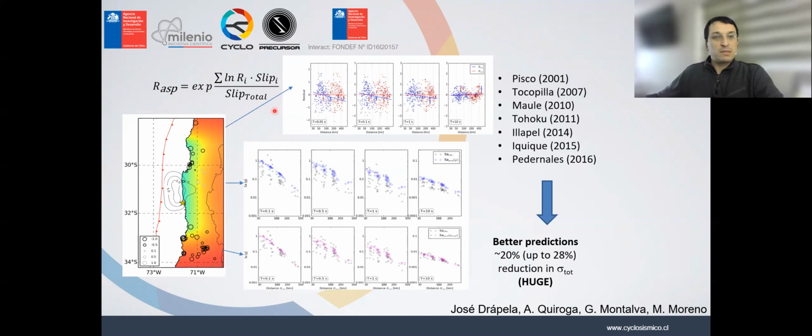For this very simple model, we use either the slip or the locking degree. And we tested that for several of the already occurred large subduction events: Pisco, Tocopilla, Maule, Tohoku, Illapel, Iquique, and Pedernales. In all of them, we observe a large reduction in total uncertainty, particularly in low periods or the high frequency end of the predictions.